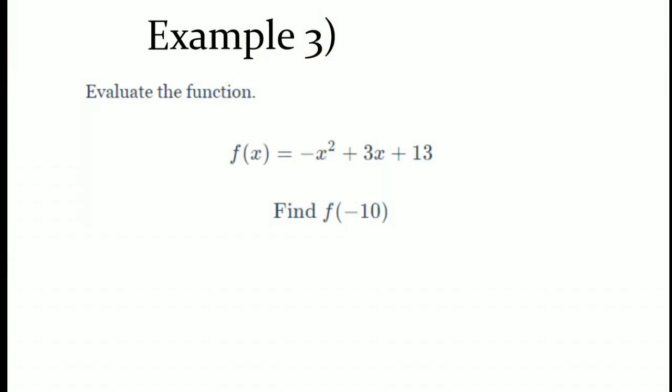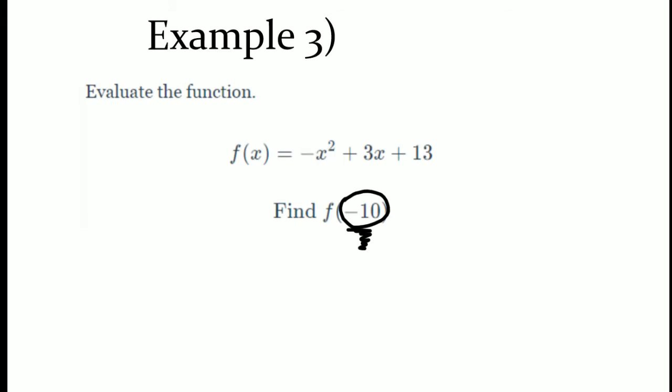Example 3, evaluate the function f of x equals -x squared plus 3x plus 13. In the previous example, we talked about how whatever's inside the parentheses is the input. An easy way to evaluate a function algebraically is to take whatever's inside the parentheses and replace x with that value.